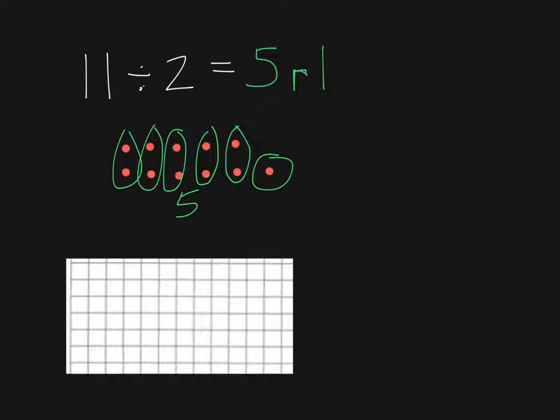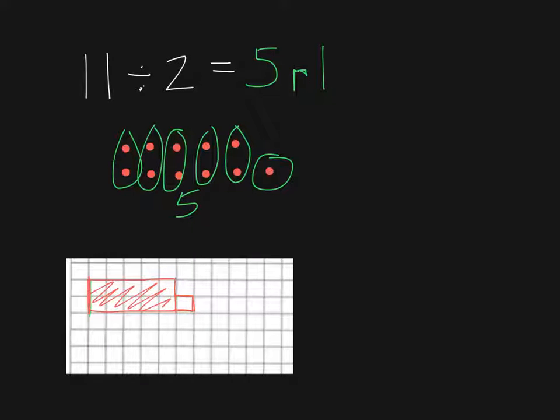remainder 1. To trace this on graph paper, I would start by doing my 2 wide, 5 long. So there are my 10, my 5 groups of 2. And then I would add that extra, that 11th unit, my remainder 1, right here on the end of my area model.